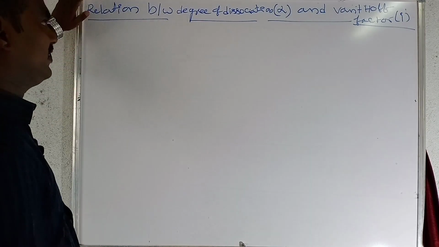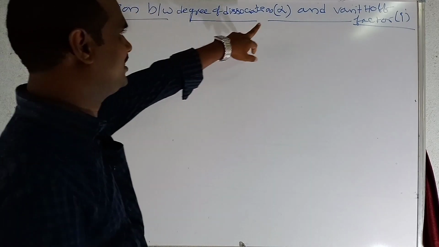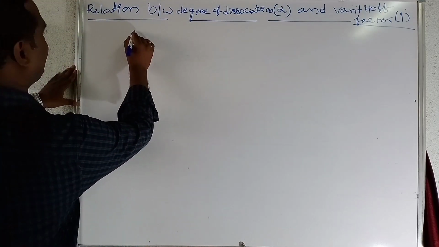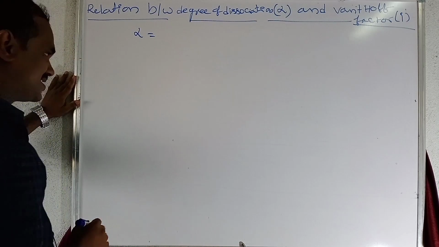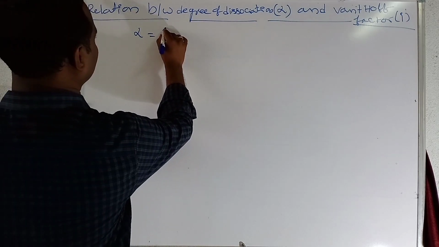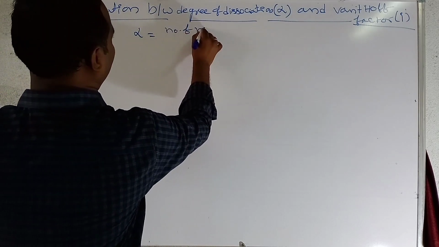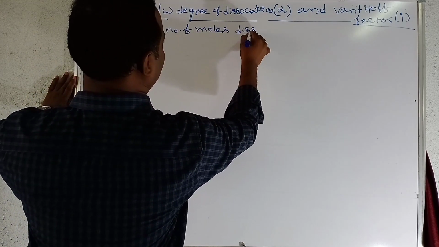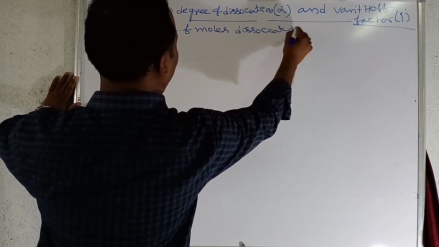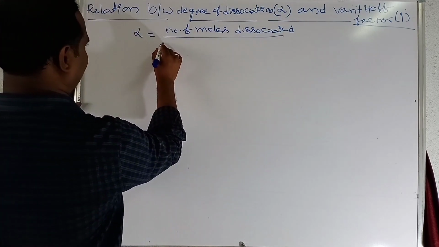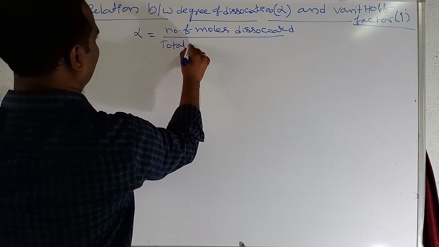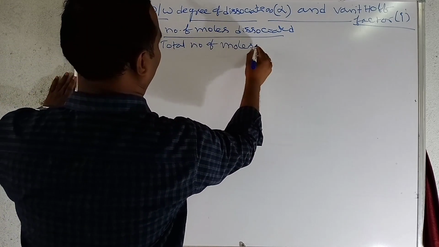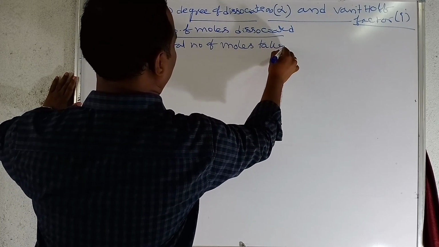The degree of dissociation, alpha, is the ratio of the number of moles dissociated to the total number of moles taken.